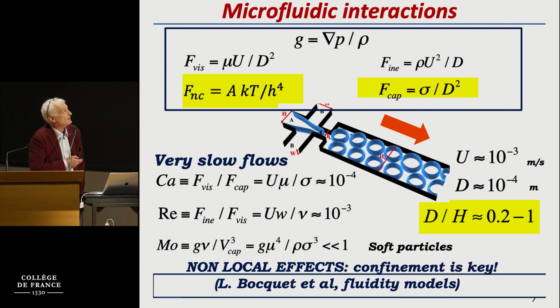But just to fix the ideas, there are many actors on stage. But by far, the most dominant ones are capillary forces. Of course, this is microfluidics: surface tension over the diameter squared of the droplet, and we are talking droplets of the order of 100 microns, so we are definitely in microfluidics.